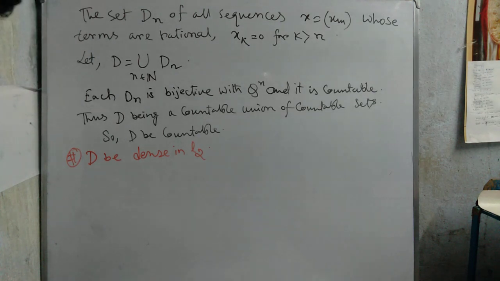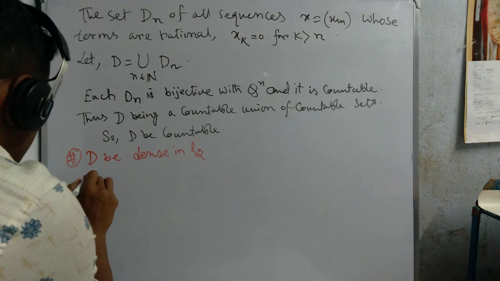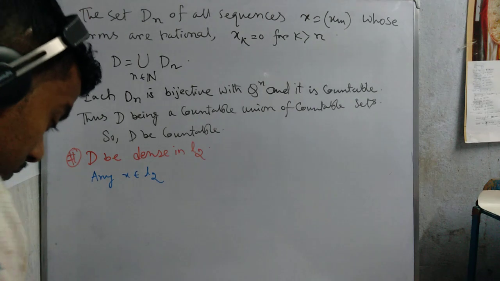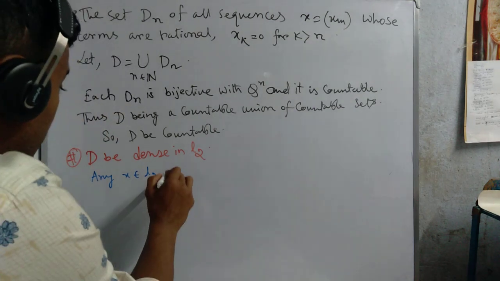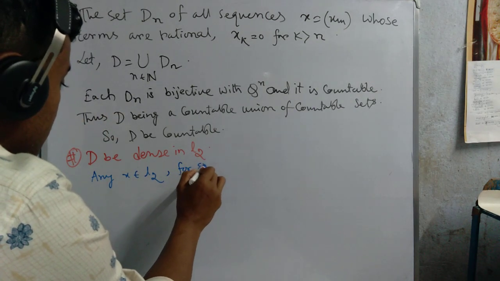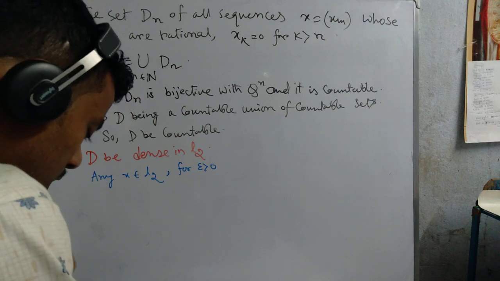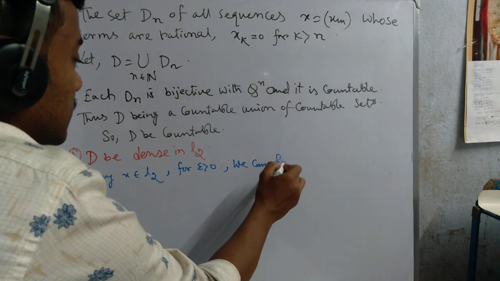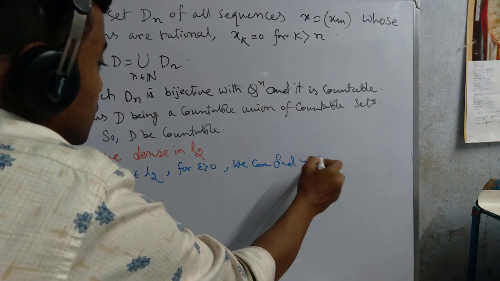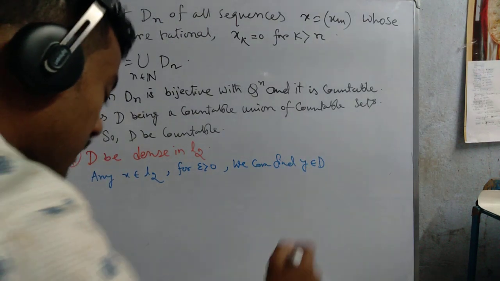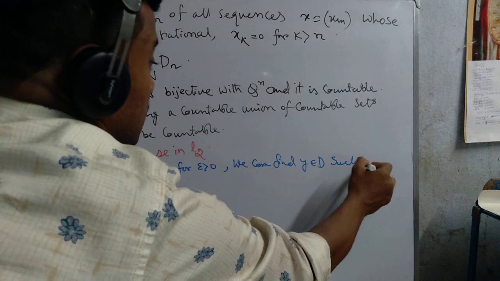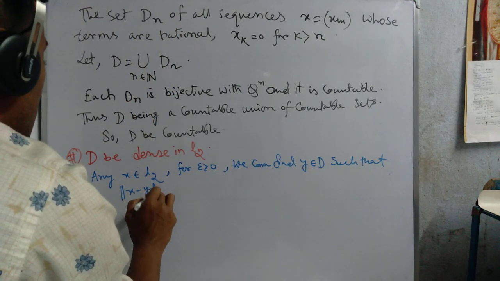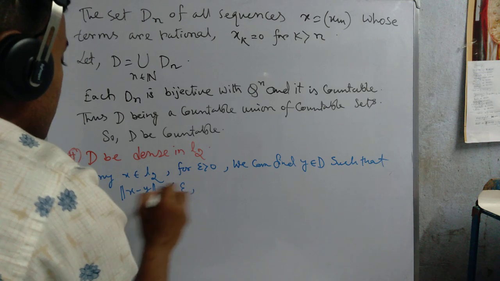First we take any x belongs to L2, and for epsilon greater than 0, we can find y belongs to D such that norm of x minus y, norm 2, is less than epsilon.